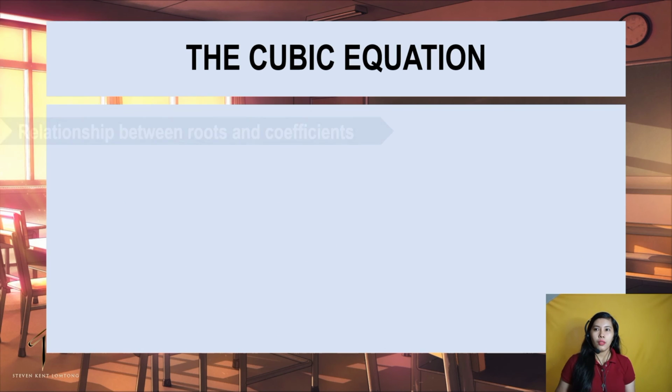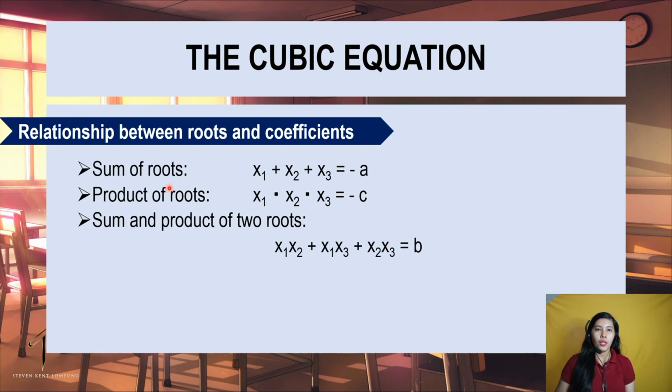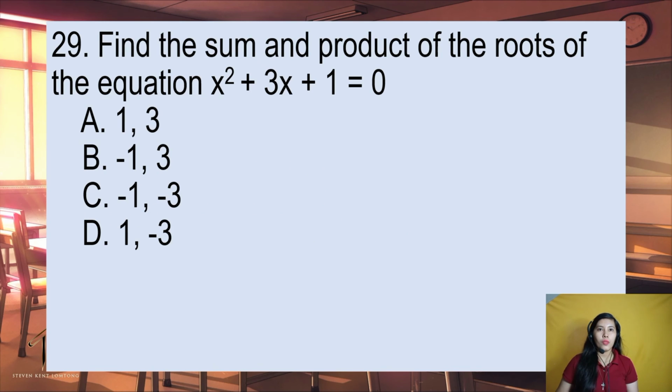So for the relationship between roots and coefficients, we have sum of roots equal to negative a, product of roots negative c, and the sum and product of two roots equal to b. So find the sum and product of the roots of the equation x squared plus 3x plus 1.